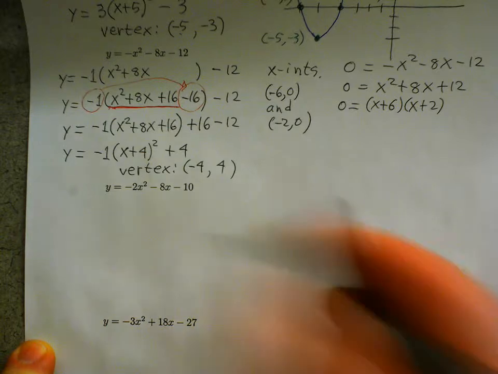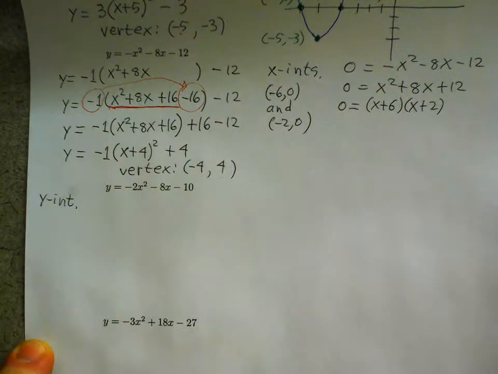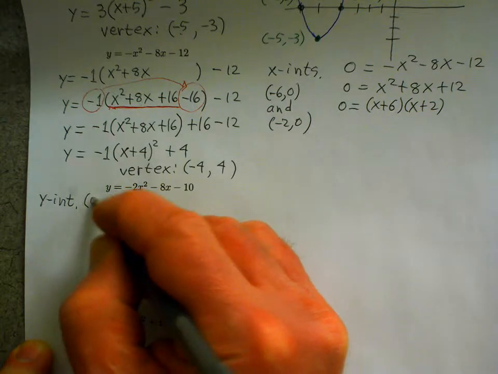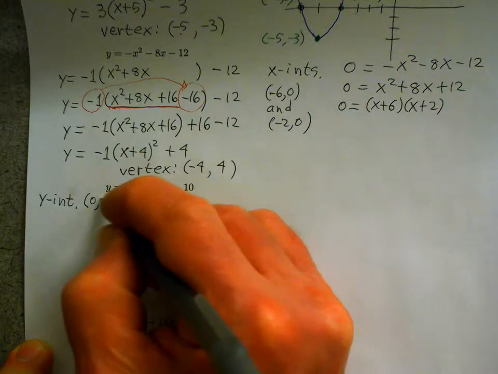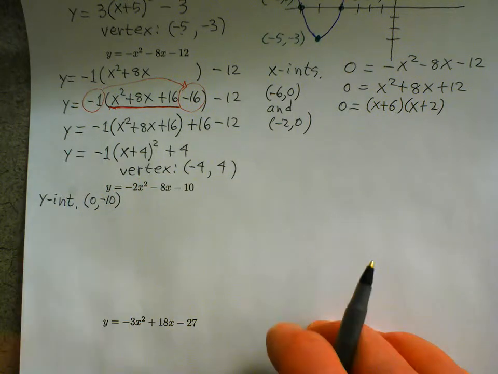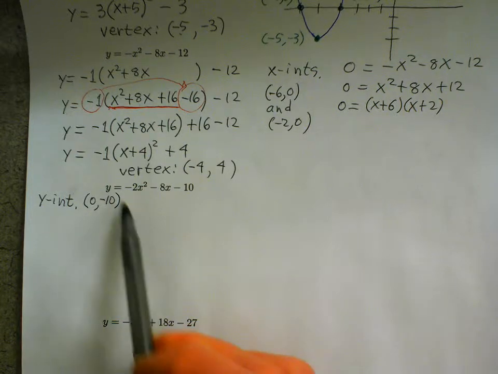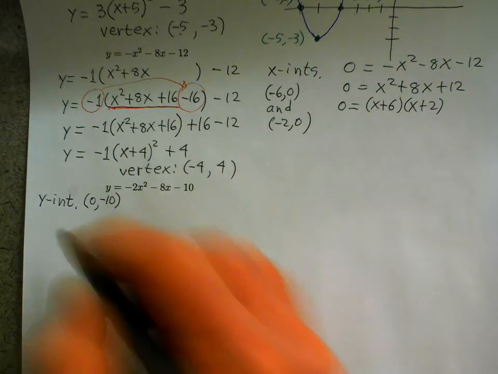So start out with the Y-intercept. When x is 0, the y-coordinate is negative 10. Now let's write this in vertex form.